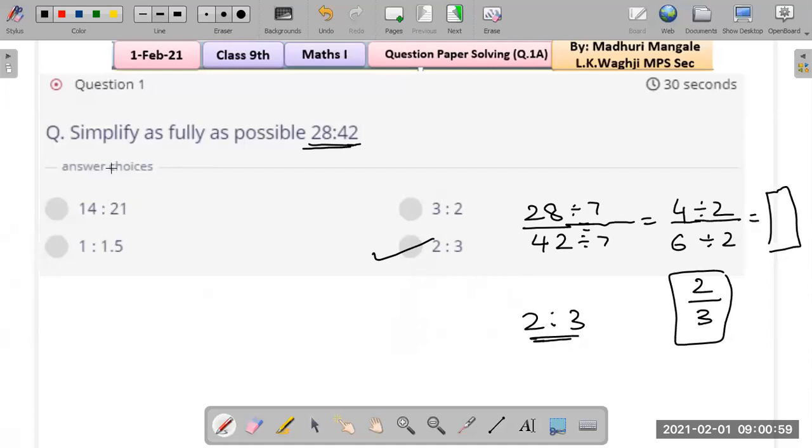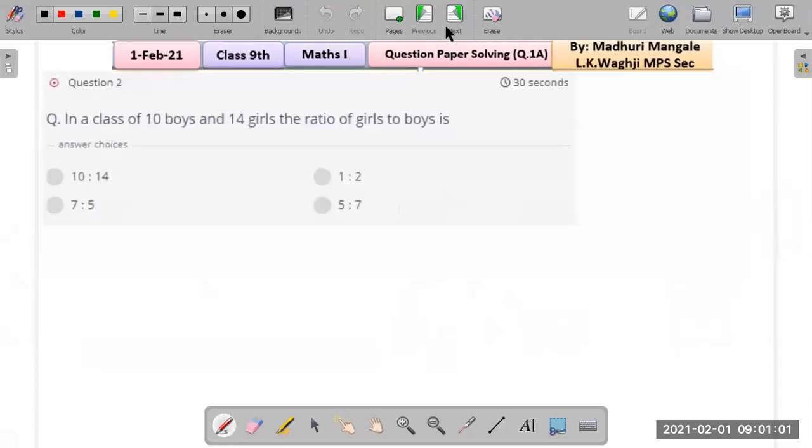Let us look at the second question now. So that's question number 2. In a class of 10 boys and 14 girls, the ratio of girls to boys is dash. So you are given the ratio. And what are you supposed to do next?